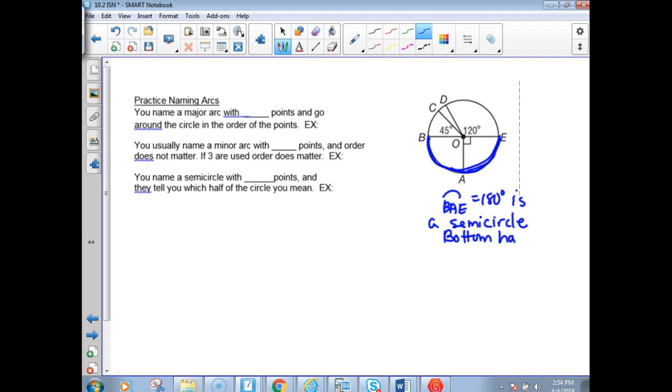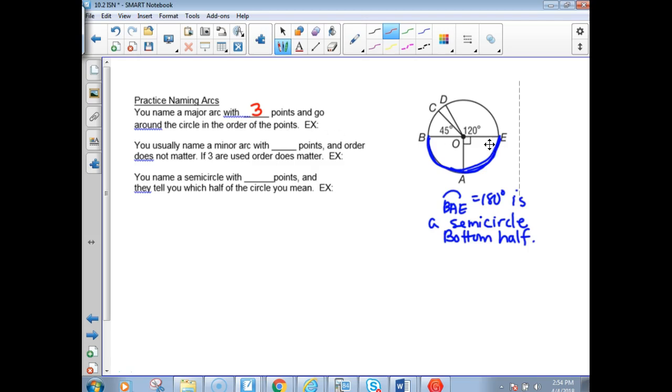You actually have two halves to your circle, so you have to use 3 letters to name it, so you know what half you're talking about. That's what this is about here, practice naming arcs. You name a major arc with 3 points, and you go around the circle in the order of the points.